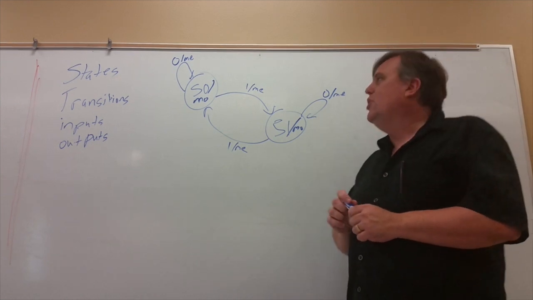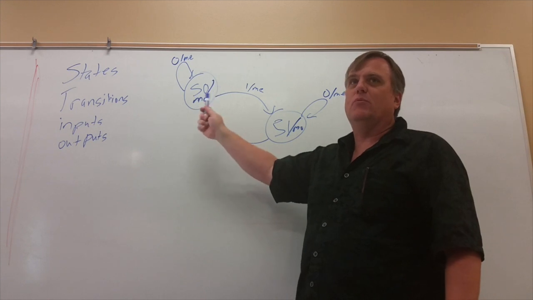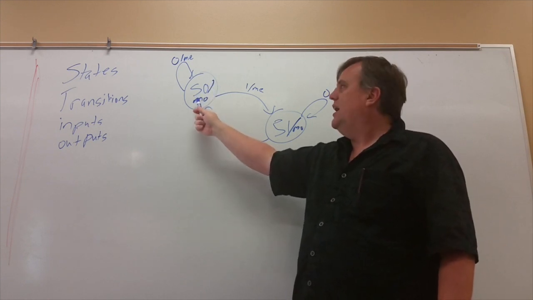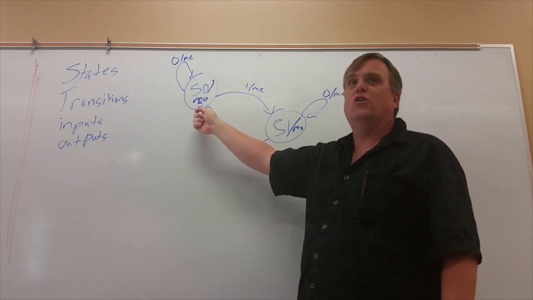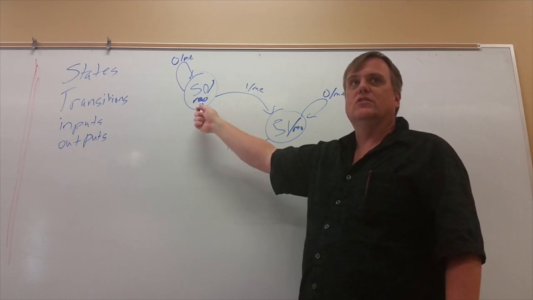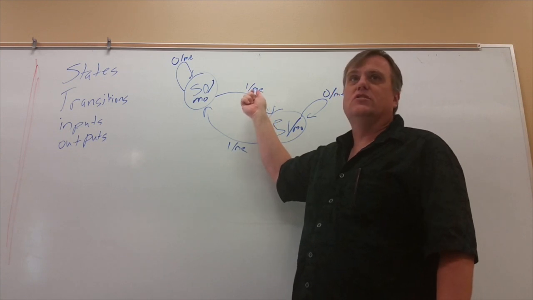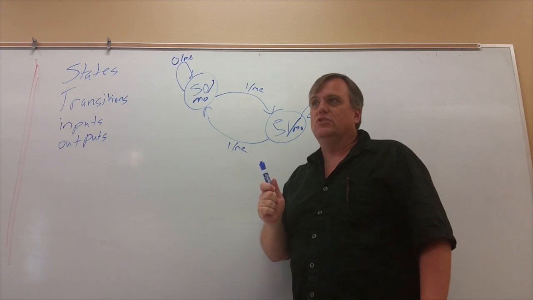Everybody has the memory associated with the state, but the Moore has the output associated with the state, which is where the memory is, which means your outputs are synchronous. These are asynchronous. This is the big difference, right?